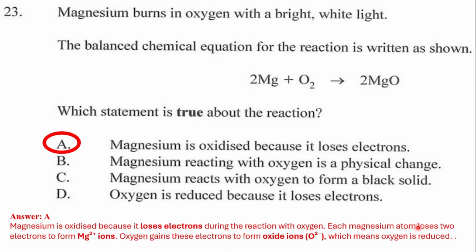Each magnesium atom loses 2 electrons to form Mg2+ ions. So it loses electrons, it is oxidized. Then oxygen gains these electrons to form oxide ions, which means oxygen is reduced. So it gains electrons, and therefore it is reduced. All right. So magnesium is oxidized, but oxygen is reduced.